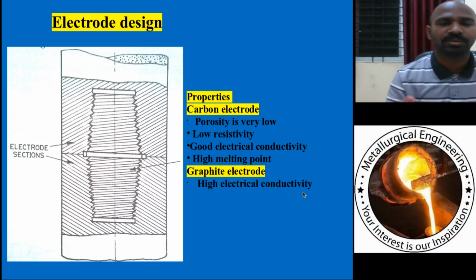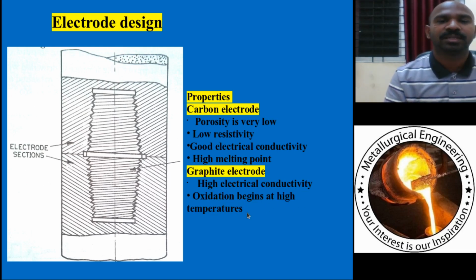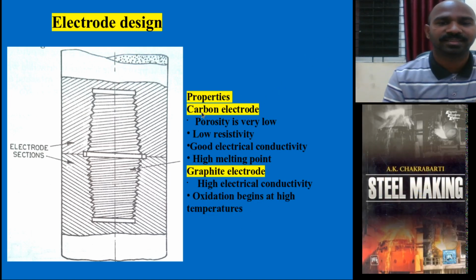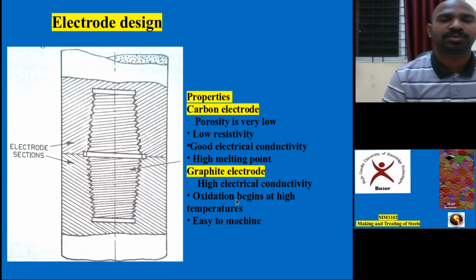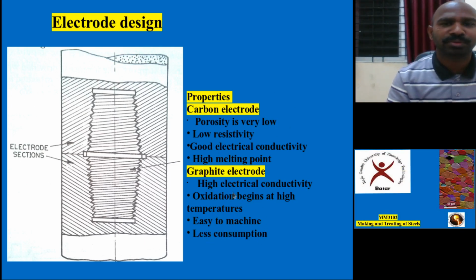It has high electrical conductivity and oxidation begins only at a very high temperature of 2000, whereas a carbon electrode oxidizes even at 1600. That means it erodes out. Graphite is easy to machine, with less consumption. The durability of graphite is more.